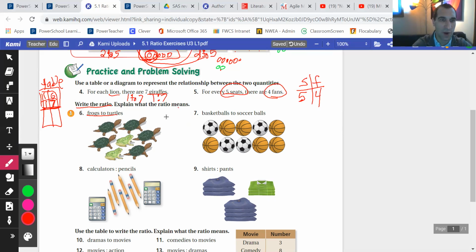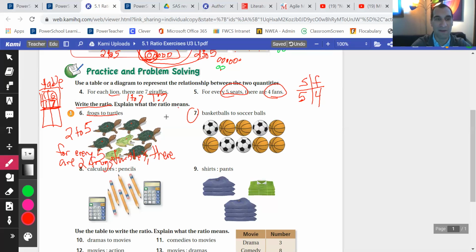Well, there are 2 frogs to 1, 2, 3, 4, 5 turtles. So for every 5 turtles, you could write this down, there are 2 frogs.